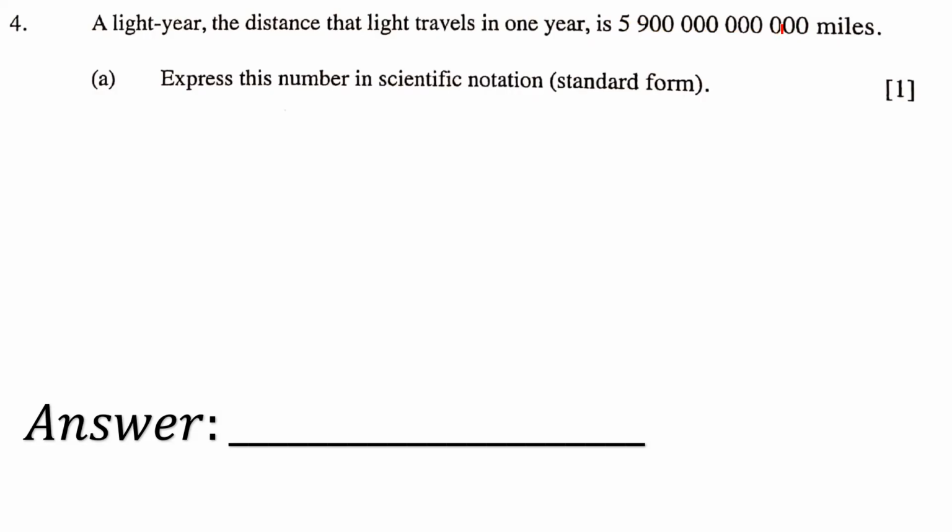So this would be hundreds, this would be hundred thousands, this would be a million, this would be a billion, so this would be trillion. Oh, that's 5.9 trillion. So a light year, the distance that light travels in 1 year, is 5.9 trillion miles. That's how you pronounce that number. And they say express this in scientific notation.